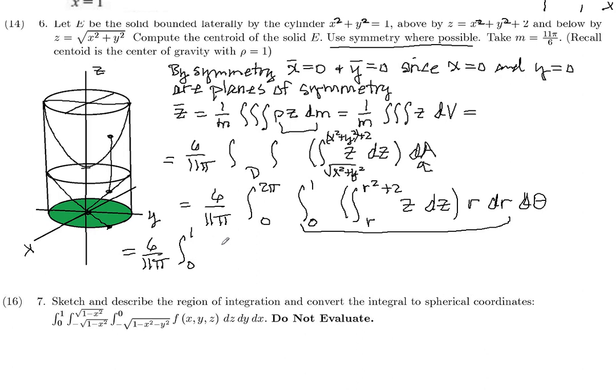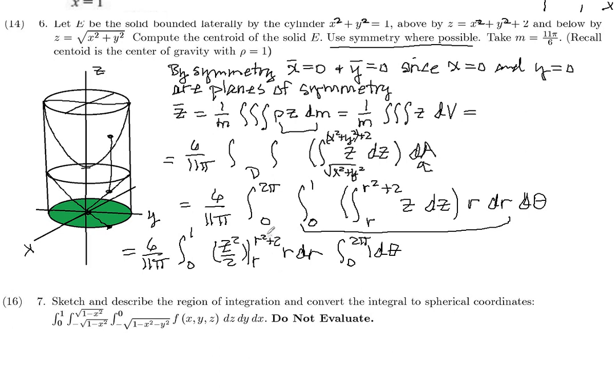So antiderivative of z is going to be z squared over 2, and that's getting evaluated from r to r squared plus 2, times r dr. And that got pulled outside of the theta integral, so the only thing that's left inside that integral from 0 to 2 pi is just d theta, or if you want, 1 d theta.